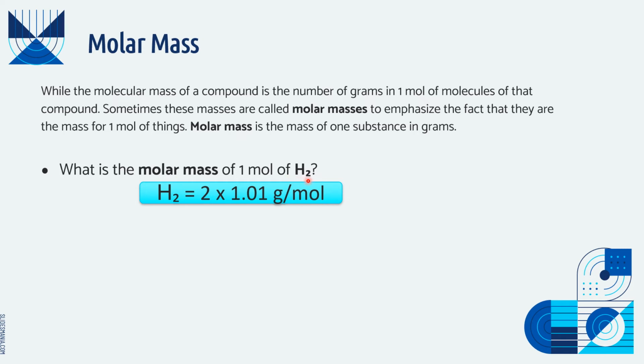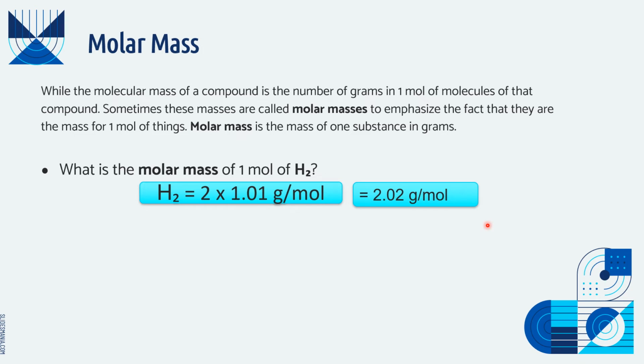Why multiply by 2? Because there are two H in hydrogen gas. So we multiply the atomic mass of H by 2 to get the molar mass of hydrogen gas. 2 times 1.01 gram per mole, the molar mass of hydrogen gas or H2 is 2.02 gram per mole.